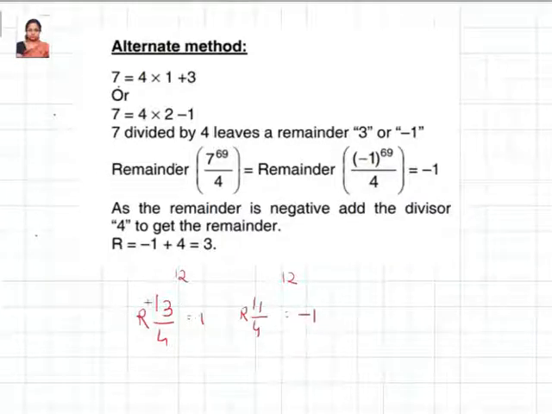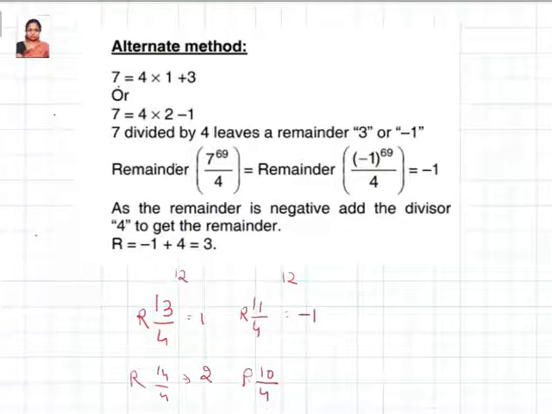Suppose you have 2 more than that, like 14. If you have 14 by 4, you know the remainder is going to be 2. And now you come here for 10. 10 by 4. I'm just giving a small number so that understanding becomes easier. So 10 by 4, you know that it is 2 less than 12. Therefore, it's going to be minus 2. Okay.